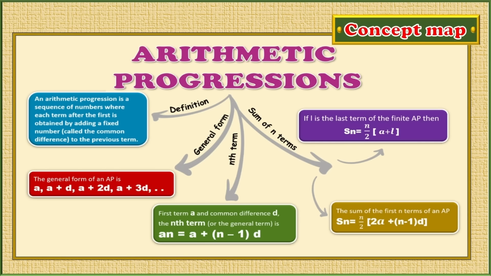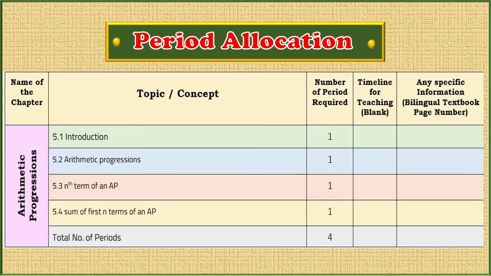My dear friends, now we move on to period allocation. That means how many periods are allotted to our class. You are observing that 5.1 introduction, 5.2 arithmetic progression, 5.3 nth term of AP, 5.4 sum of first n terms of AP.